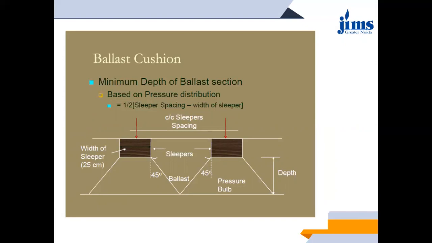It is half of the difference between sleeper spacing and width of the sleeper. The sleeper spacing is taken from center to center. So basically, the minimum depth of ballast is half of the center to center sleeper spacing minus the width of the sleeper. Okay.